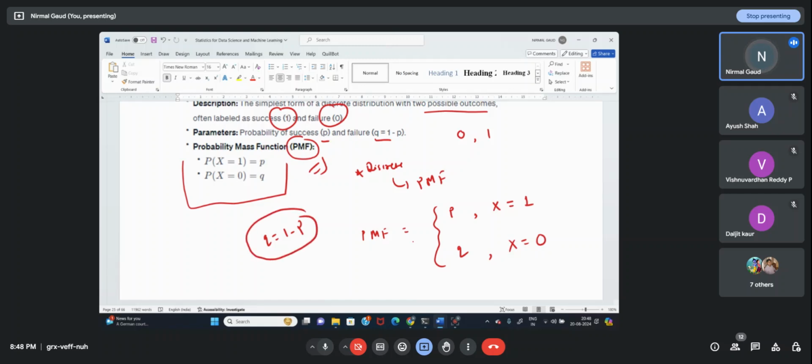So this is the probability mass function for Bernoulli binary outcomes.